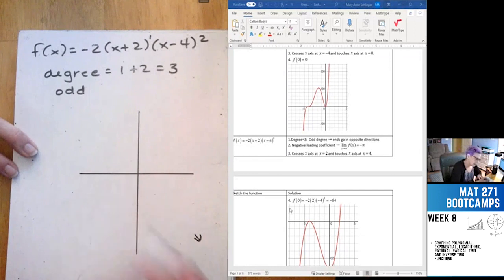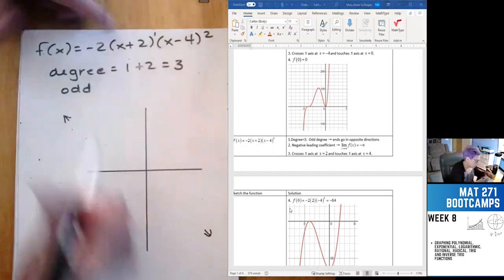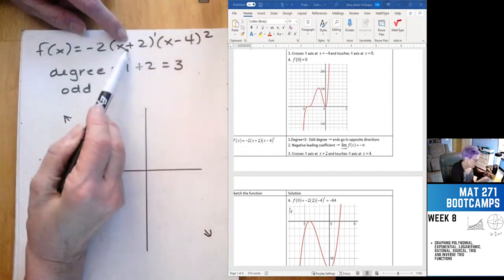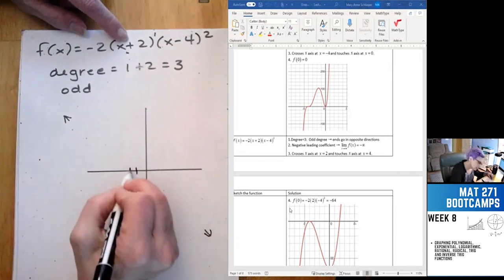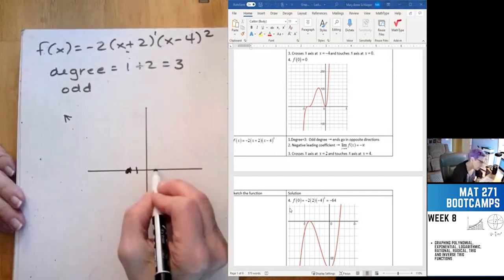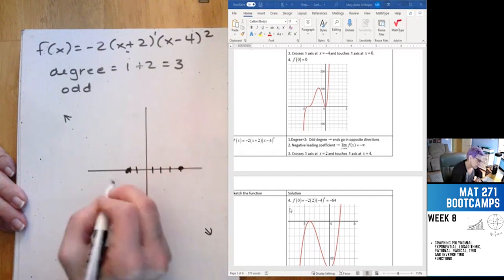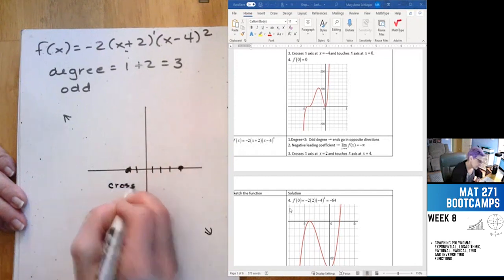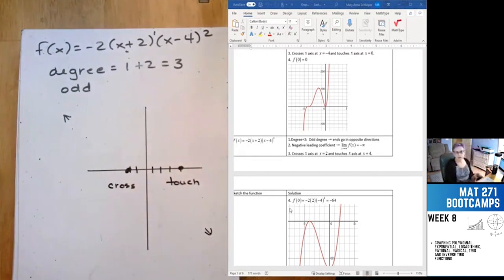So we'll be going down and up at our ends. We have 2 zeros. This zero has multiplicity 1, so -2. And the zero at 4 has multiplicity 2. So this one's going to cross. This one's going to touch.